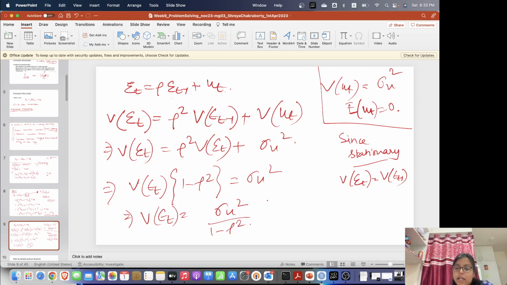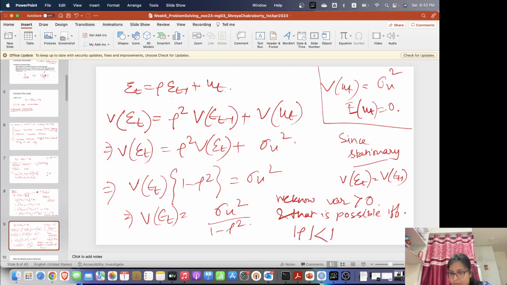Now we know that variance should be greater than 0, and that is possible if and only if the rho value is less than 1.